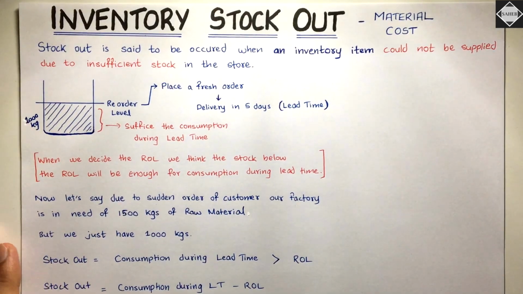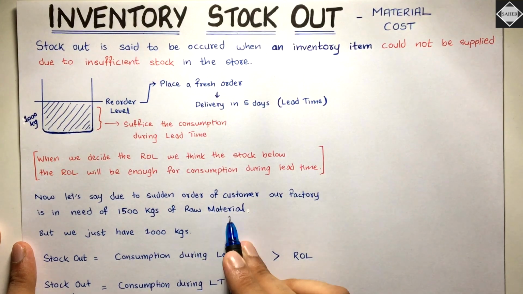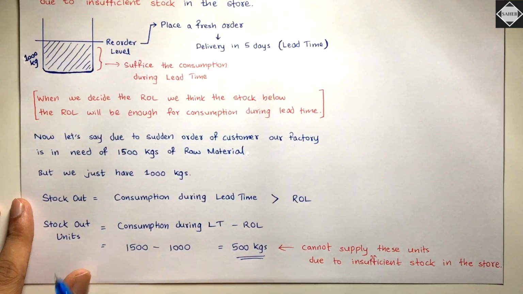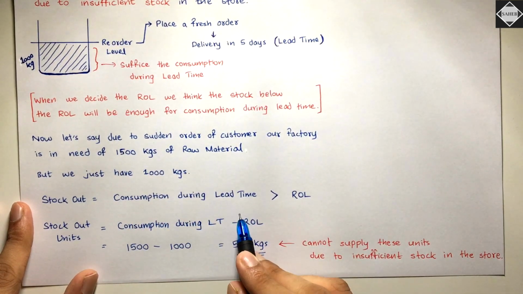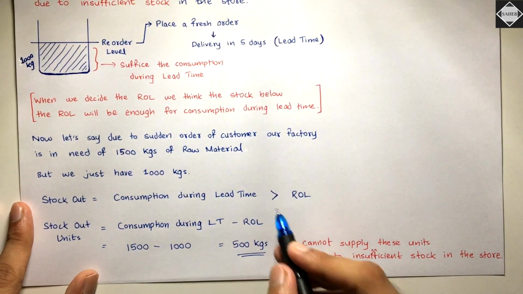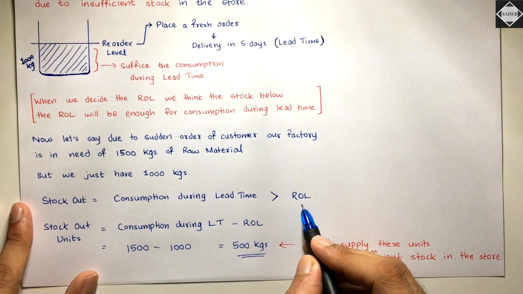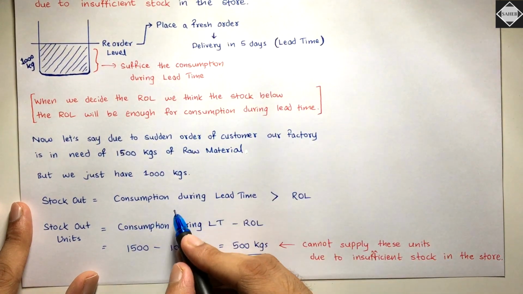Now let's say due to a sudden order from a customer, our factory is in need of 1500 kgs of raw material, but we just have 1000 kgs. So we have a stockout. What is stockout? Consumption during lead time exceeds the reorder level. Our reorder level is 1000 kgs, but the demand which has come is 1500 kgs.